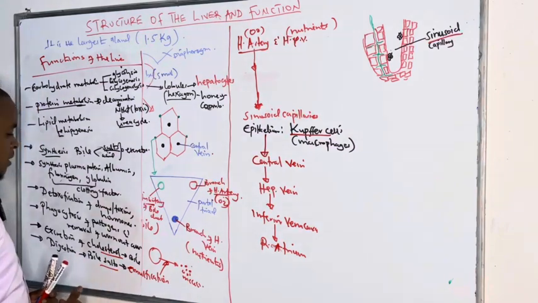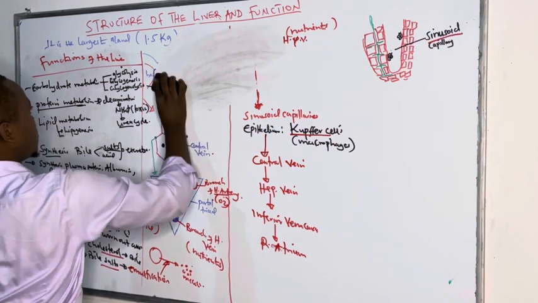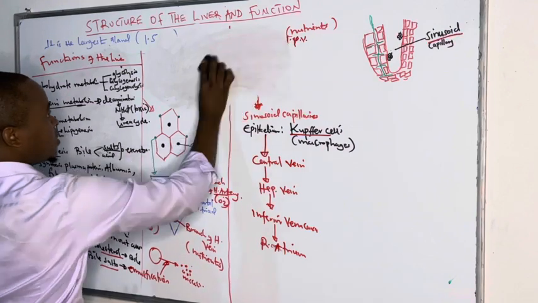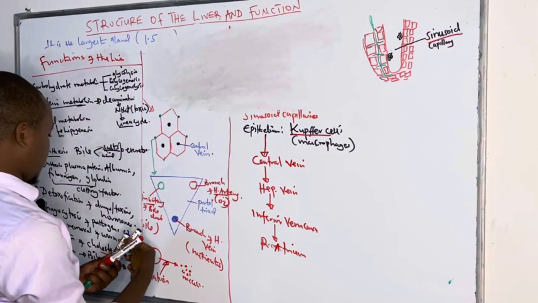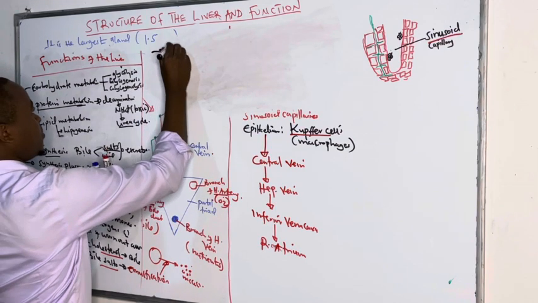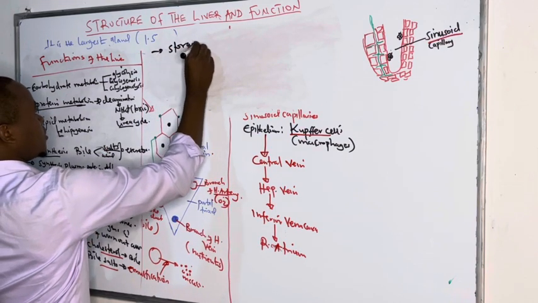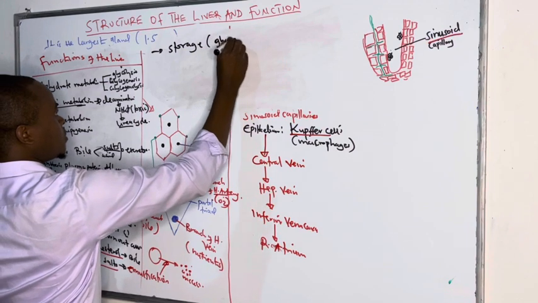And the last functions we can see for the liver is storage and activation. They play a big role of storage, whereby they store glucose in the form of glycogen.